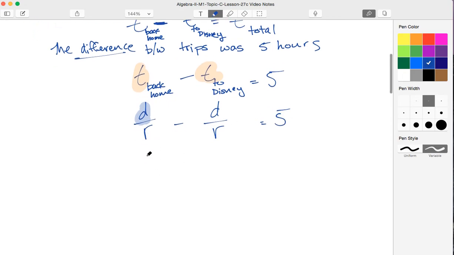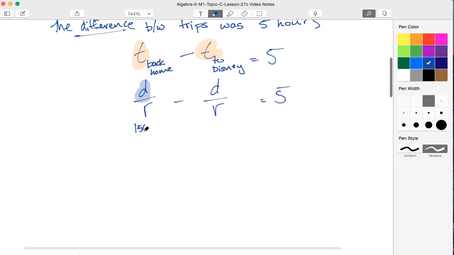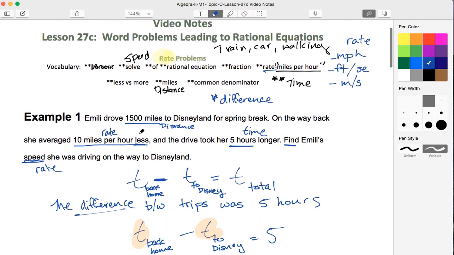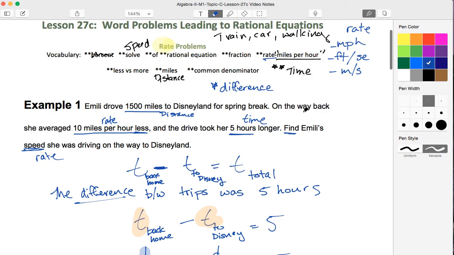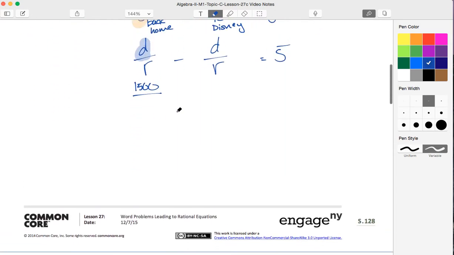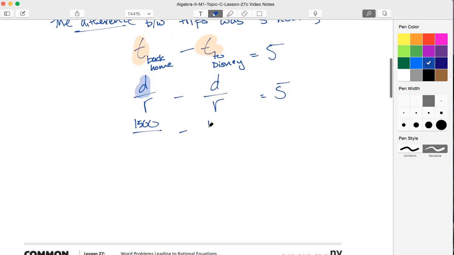So my distance going back home was 1,500, and the rate it took me to get back home was, on the way back, she averaged 10 miles per hour less. So if it took Emily some rate R to get to Disneyland, then on the way back it's whatever speed minus 10 miles per hour.